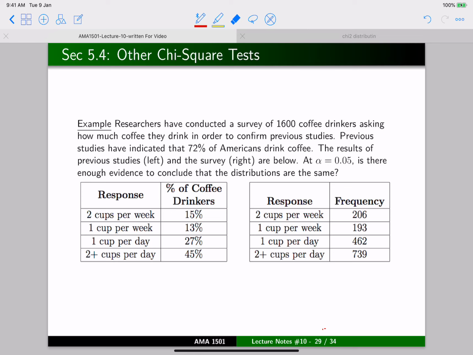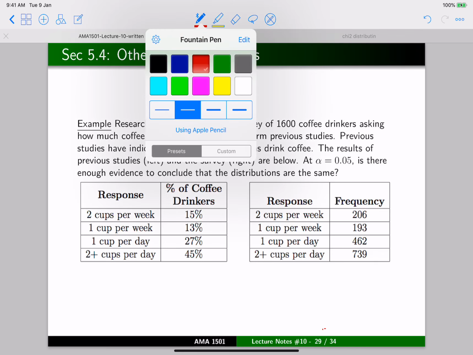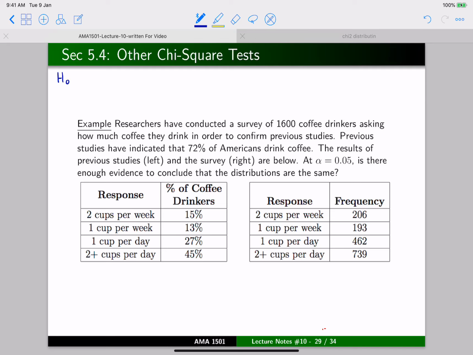Well, so in this case, our two hypotheses are: null is the two distributions are the same, and our alternate hypothesis is they're different distributions.